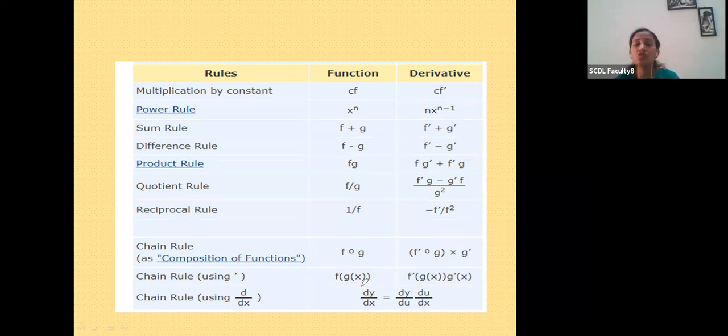So f dash g of x times g dash x. Chain rule using d by dx: dy by dx is equal to dy upon du times du upon dx.